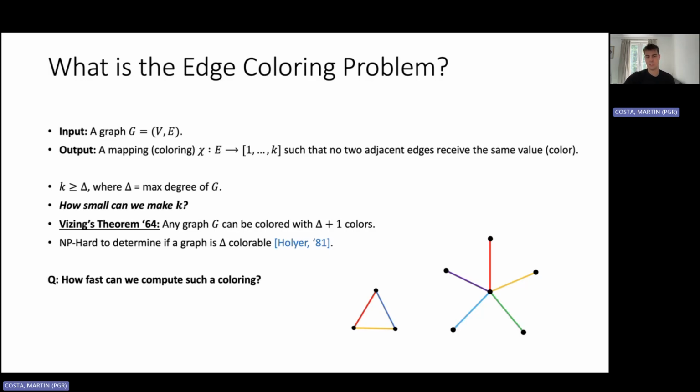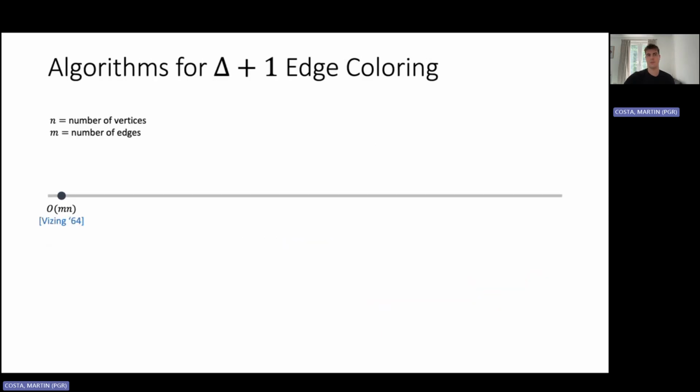So a natural question arises, which is how fast can we compute such a coloring of a graph? Vizing's original proof of Vizing's theorem is inherently algorithmic and immediately gives an O(mn) time algorithm for this problem. This was subsequently improved upon by Arjomandi and Gabow et al. independently, who showed how to achieve a running time of m√n up to some small polylog factors.